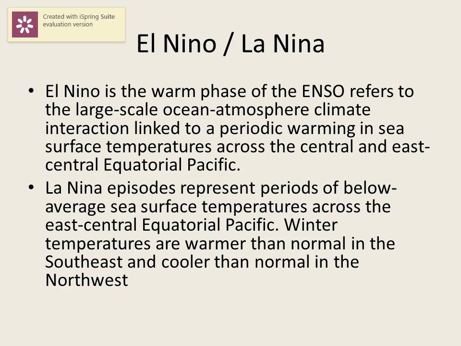Whereas La Nina is exactly the opposite of El Nino, where the sea surface temperature falls below the average sea surface temperature of the region. Because of that, winter temperatures are warmer than normal in the southeast region and cooler than normal in the northwest region.